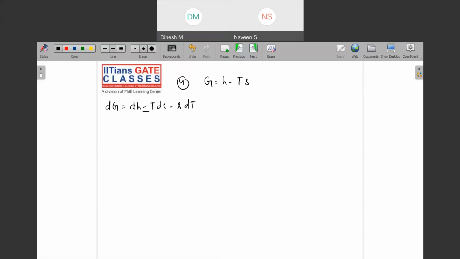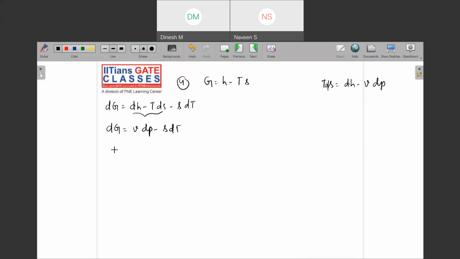Again we know that TdS is equal to dH minus VdP. This we know, right? So here we have something in the form dH minus TdS. So this becomes plus VdP. So can I write dG is equal to VdP minus S dT?